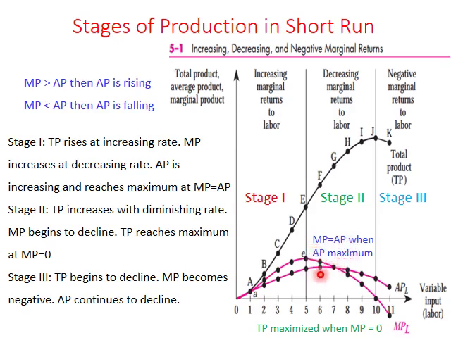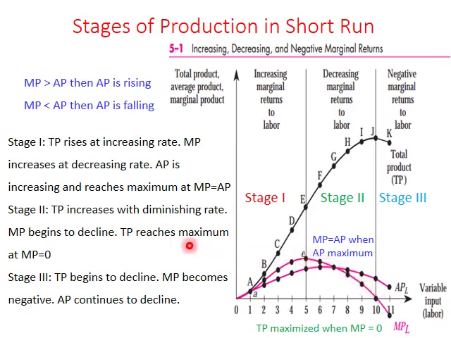At stage 2, total product is increasing, but with diminishing return, that means a decreasing rate, not like stage 1. It increases, but at a decreasing rate. Here, the marginal product begins to decline, as you see.